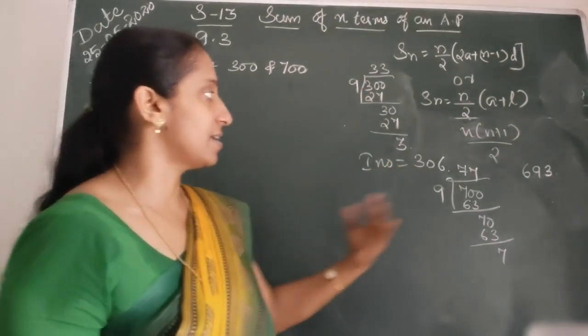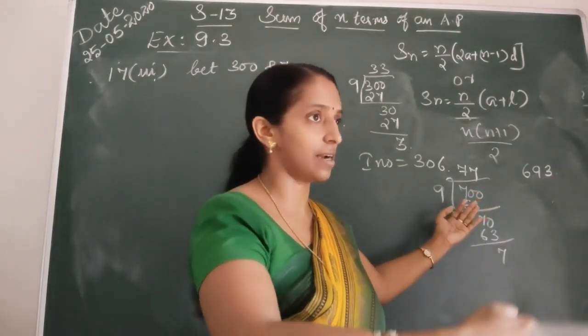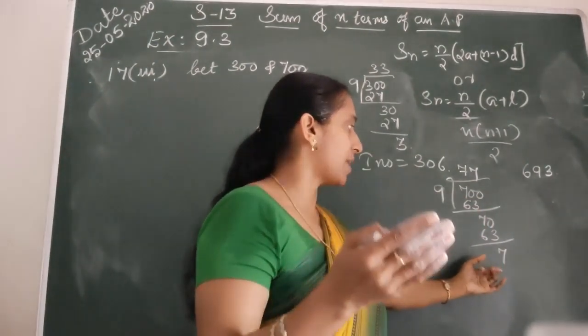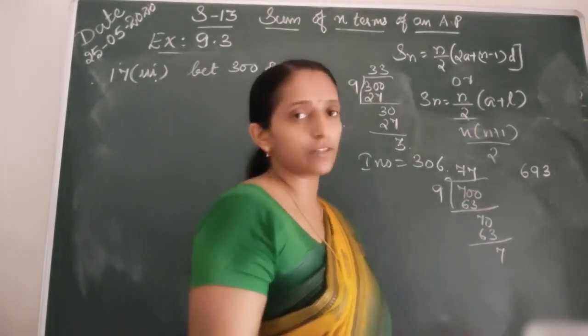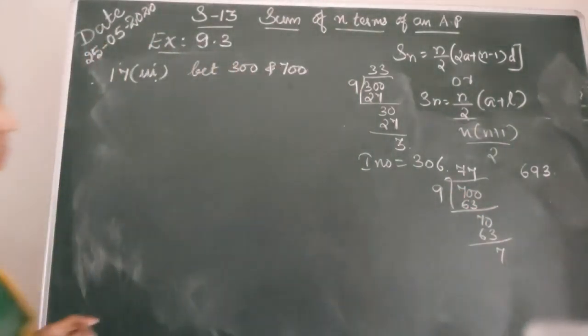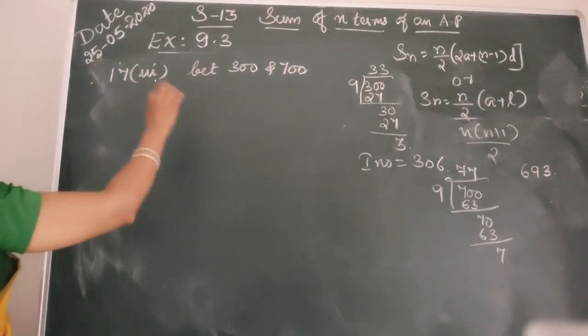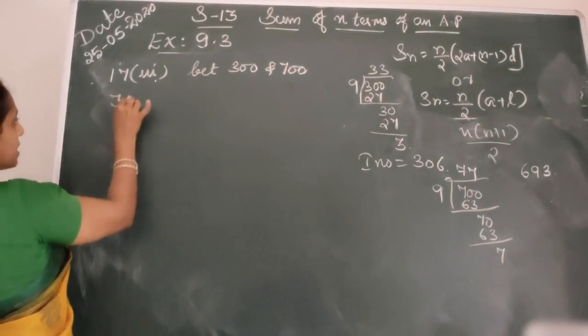Here we need a multiple of 9 less than 700, not more than 700. So you will divide and get a remainder 7. That 7 you have to subtract from 700, and you are getting 693.